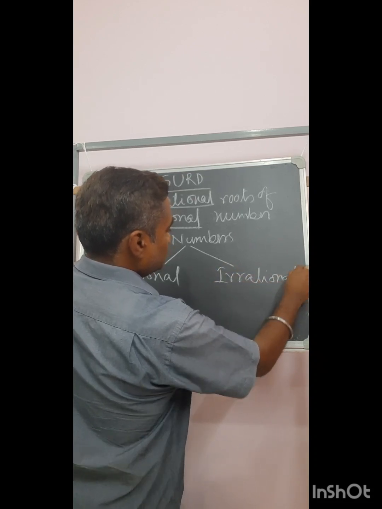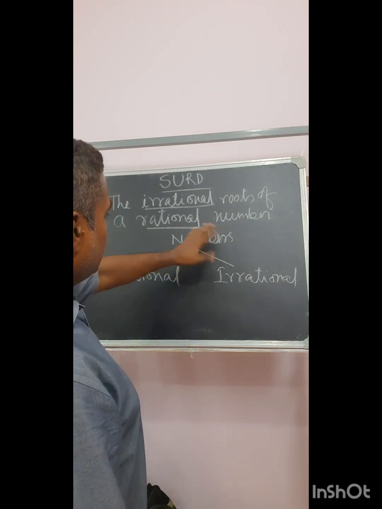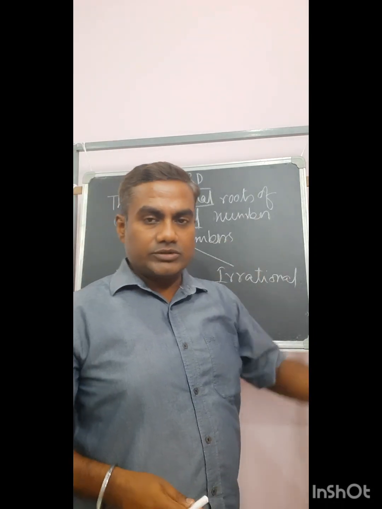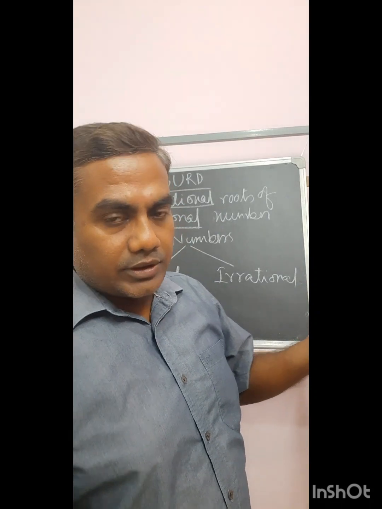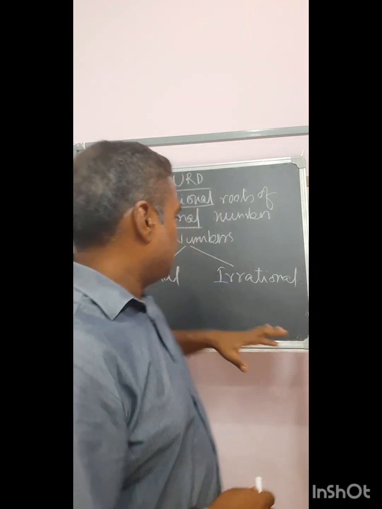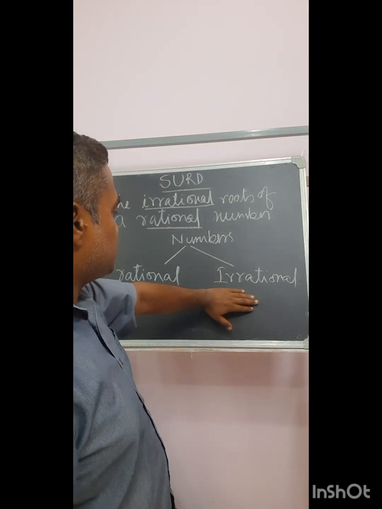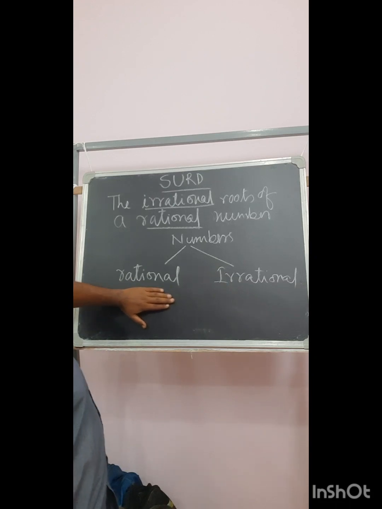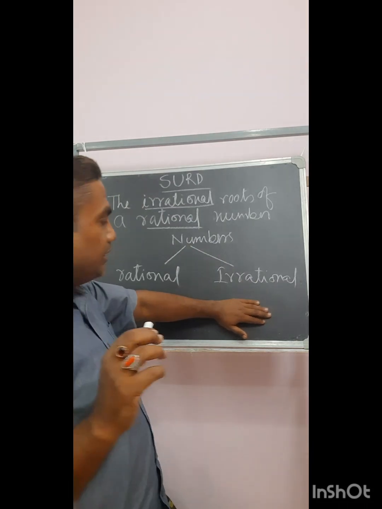Apart from that, numbers can be divided in other ways also: whole numbers, real numbers, integers, and so on. But the division I am discussing right now is based on some characteristic of the number.